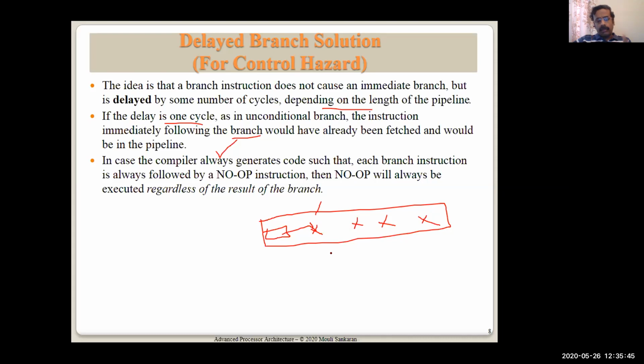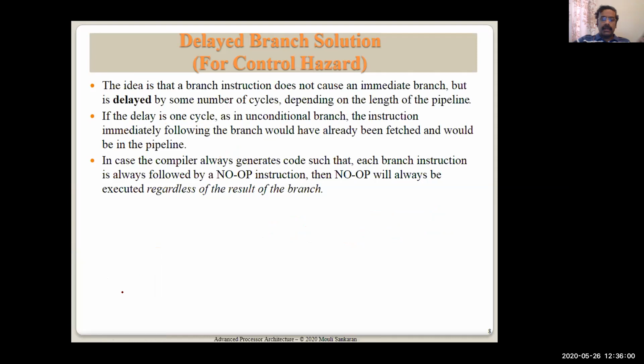If I put some hardware there, I am using some chip area. So instead of having that hardware which verifies it and then removes the instruction, what the compiler or assembler can do is, it knows that a jump instruction is there, so the next instruction is anyway going to be flushed. Then it can put a no op.